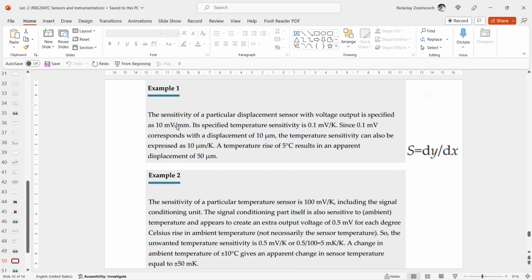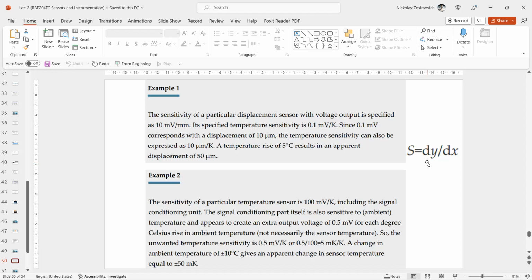Mathematically, the sensitivity is expressed as S = dy/dx, where x is the input signal or measurand, and y is the output signal, usually electrical. Usually, a sensor is also sensitive to changes in quantities other than the intended input quantity, such as the ambient temperature or supply voltage.